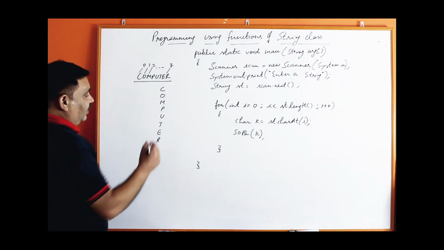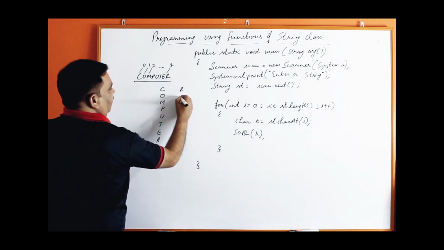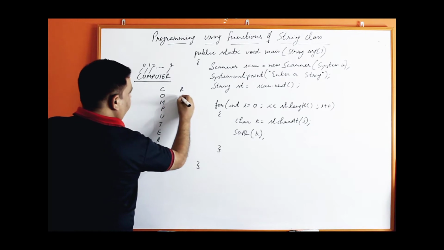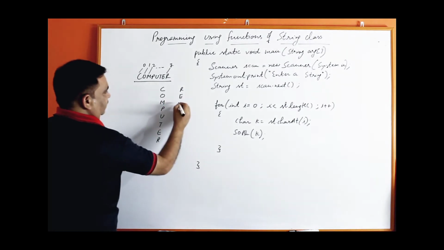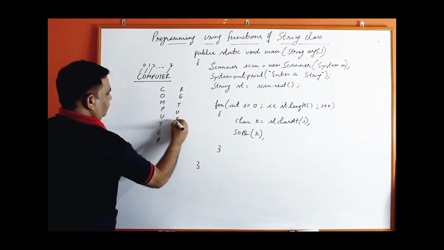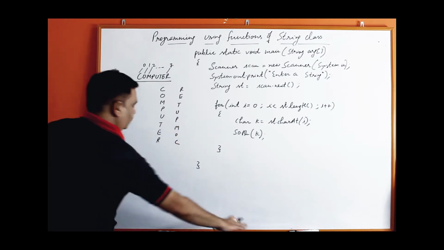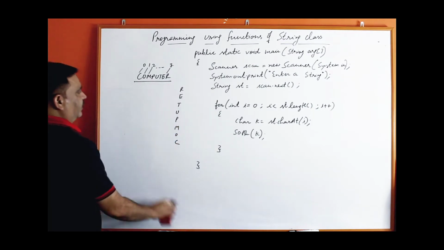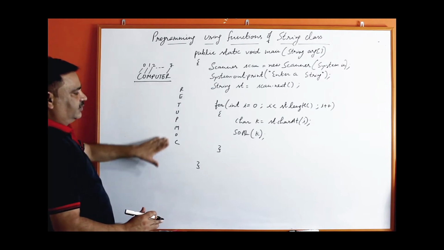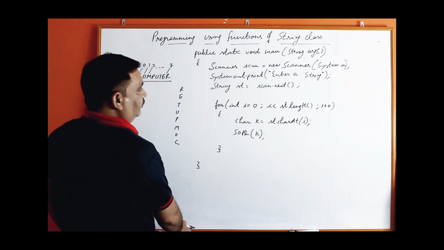Now if you want to get output like this, the reverse of this, not in a straight way, the word is the same but the output is in reverse order. What you have to do is just reverse the loop.